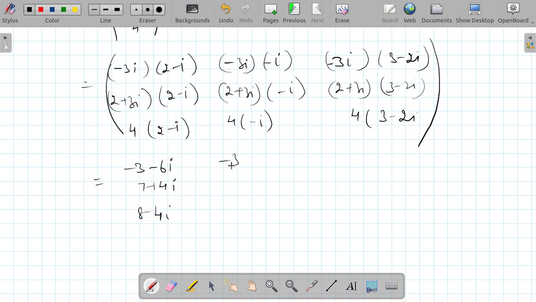And here it is minus 3, 3 minus 2 iota, and minus 4 iota, minus 6 minus 9 iota, 12 plus 5 iota, and 12 minus 8 iota. So this was the result, and this will also be possible. Then let us discuss a few more properties.